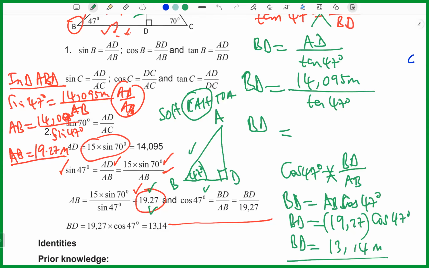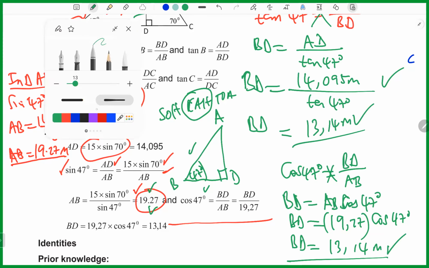This is what I'm just experimenting on my calculator. The 14.095, you divide it by the tangent of 47 degrees. And therefore the result becomes exactly 13,14 meters. So it's exactly the same as this and that.